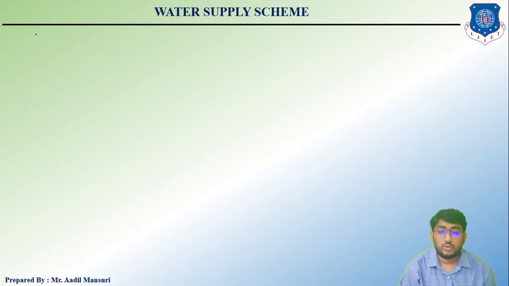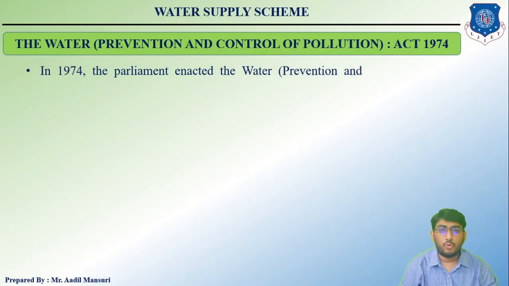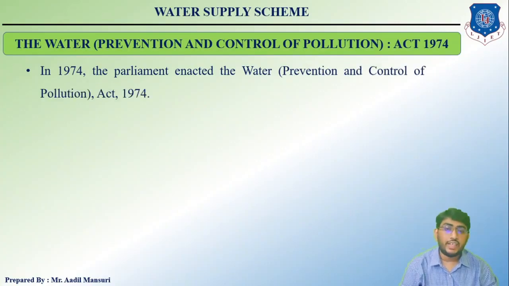Okay students, so let us now start with a new topic, the Water Act 1974, that is Prevention and Control of Pollution. In 1974 the Parliament enacted the Water Prevention and Control of Pollution Act 1974.